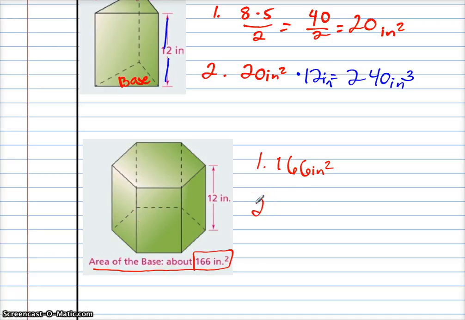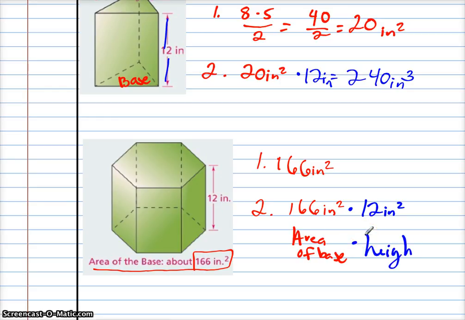It's not part of our curriculum. So step 2, I'm going to find the area of the base, 166 inches squared, times the height, which is 12 inches. Let me label these so I know what this is. Area of base times height. This is my height, and that is the same for all of the other ones as well.